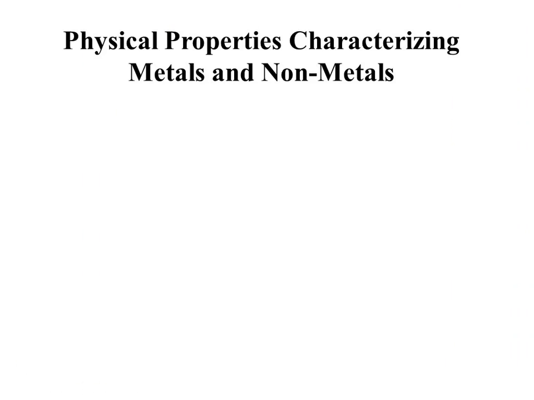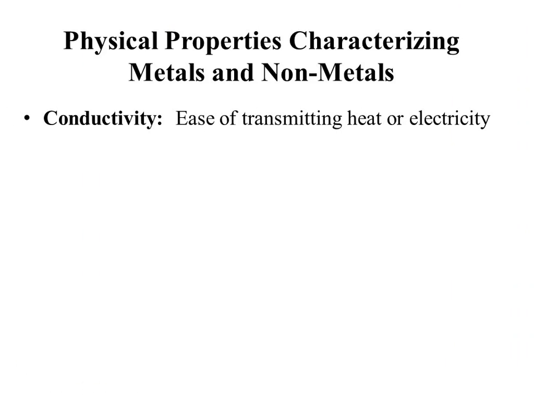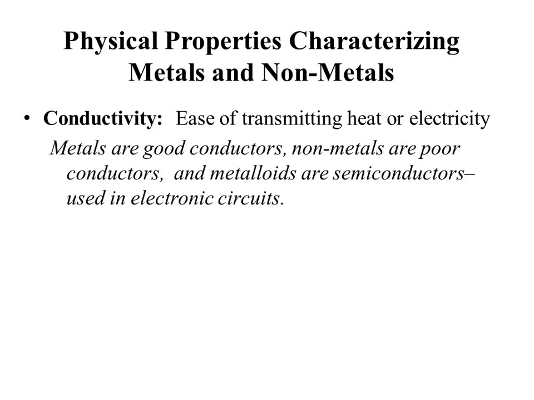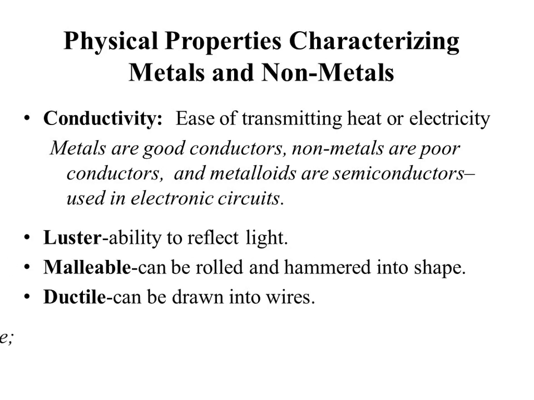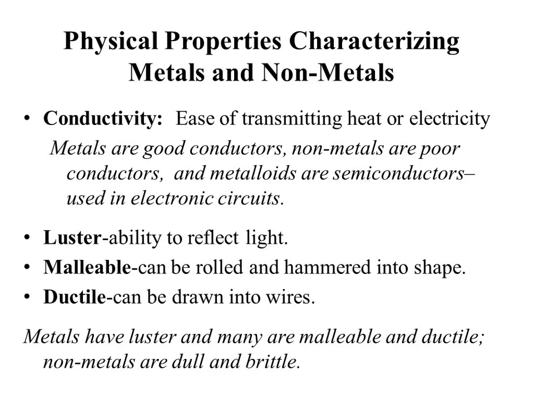So we've been talking about, and you guys answered some questions on your test about physical and chemical properties. An example of a bunch of physical properties are listed here. Physical meaning you don't have to do any sort of chemical reaction to measure them. There's all different types of conductivity: thermal conductivity, electrical conductivity, probably sound conductivity. But with regard to heat or electricity, in general, metals conduct those things.